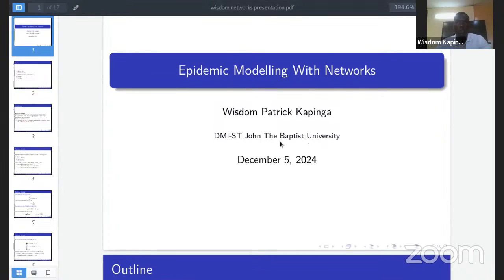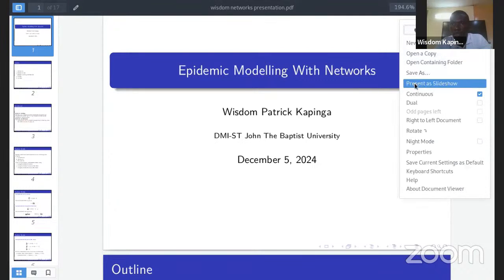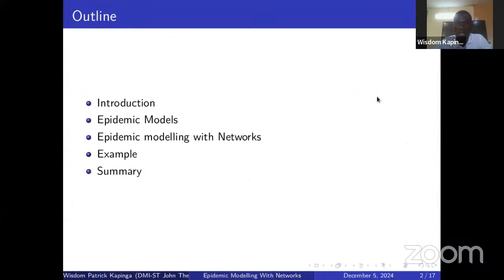To begin with, we're going to start with an outline of my presentation. We'll have an introduction, and then a brief background on epidemic models: what are some of the common epidemic models that are used.